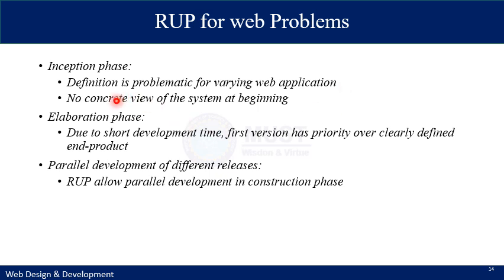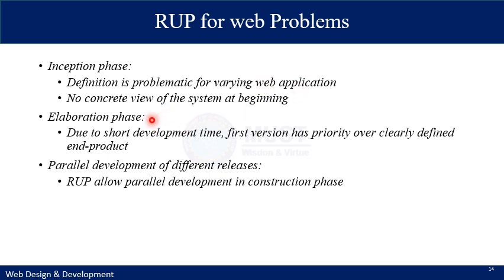So you have no concrete view of the system at the beginning, so you can use the Rational Unified Process for the inception phase, and you can spend as much time as needed in the inception phase to define the actual business case for the web application.